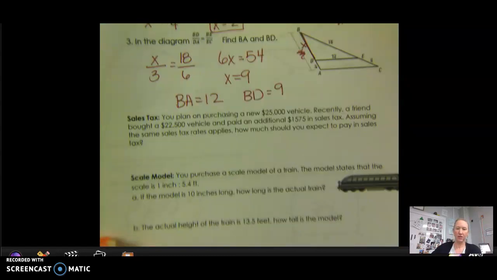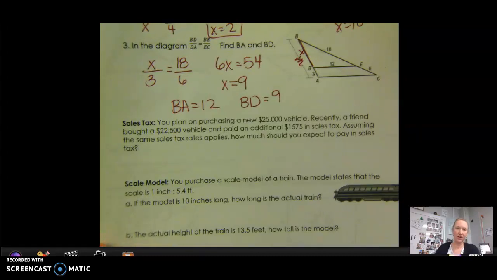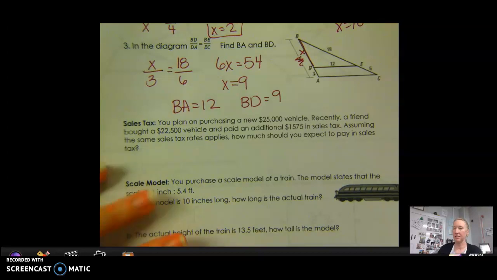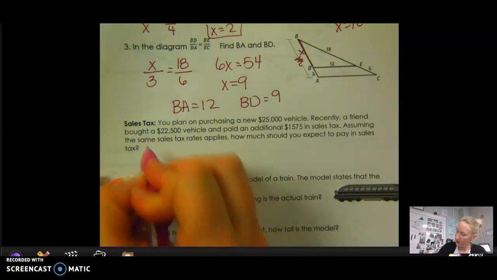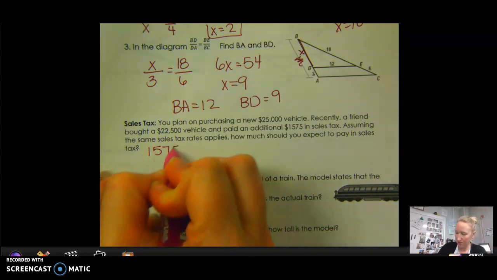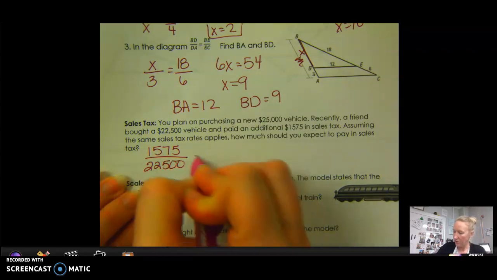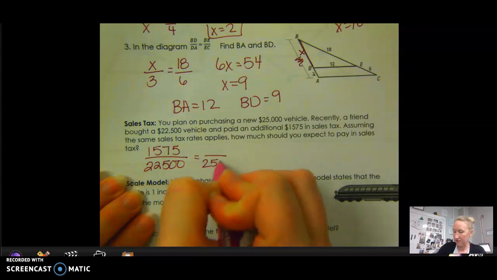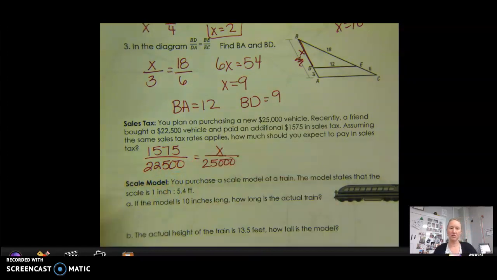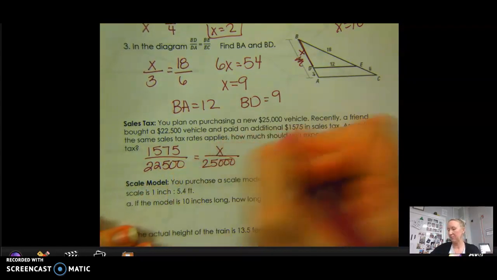You plan on purchasing a $25,000 vehicle. Recently, a friend bought a $22,500 vehicle and paid $1,575 in sales tax. Assuming the same rate applies, how much should you expect? So they paid $1,575 out of their total $22,500. We know we're going to spend $25,000, but we don't know what part that will be in tax.